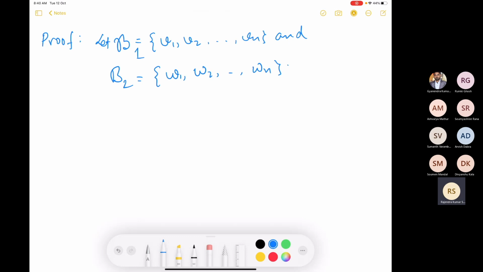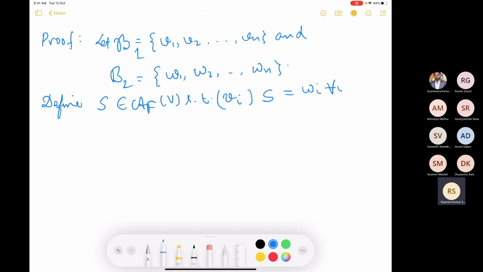Suppose these are the two ordered bases. Now define a linear transformation S in AFV that maps basis vectors to basis vectors, such that ViS is Wi for every i from 1 to n. This linear transformation is naturally determined by the images of the basis vectors under S.